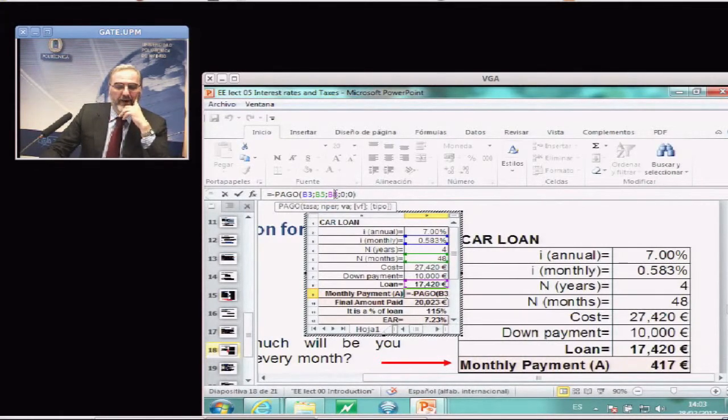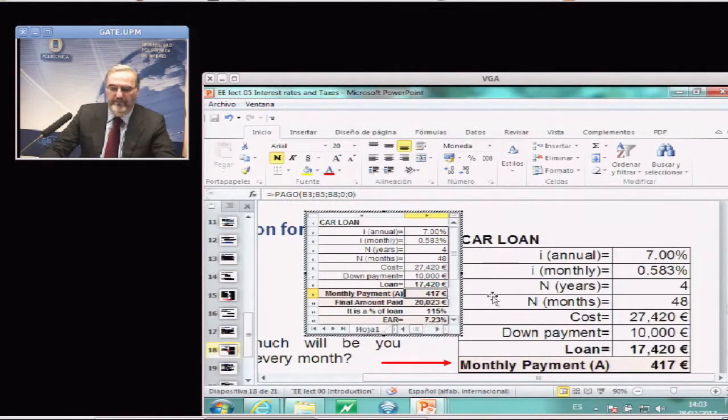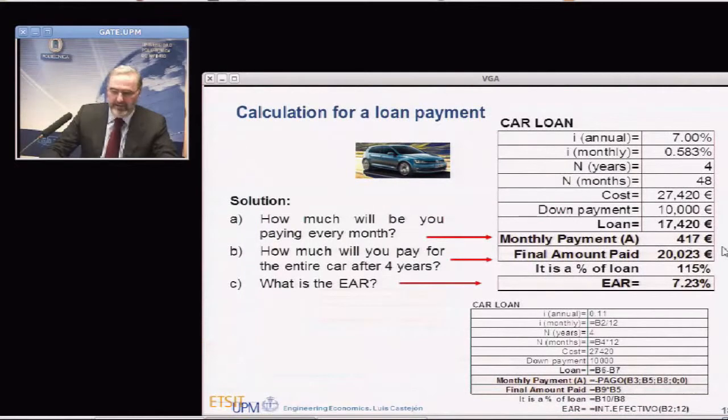The present value, the loan amount, is 17,000. What is the future value? I will not borrow any money from the bank at the end. So that formula gives us the payment, which is 417 euros.